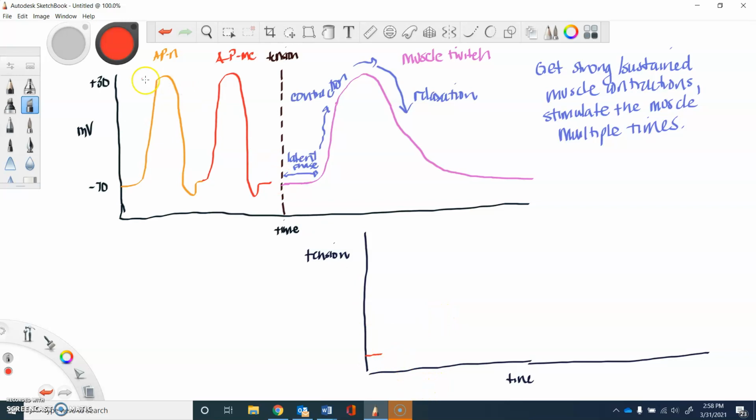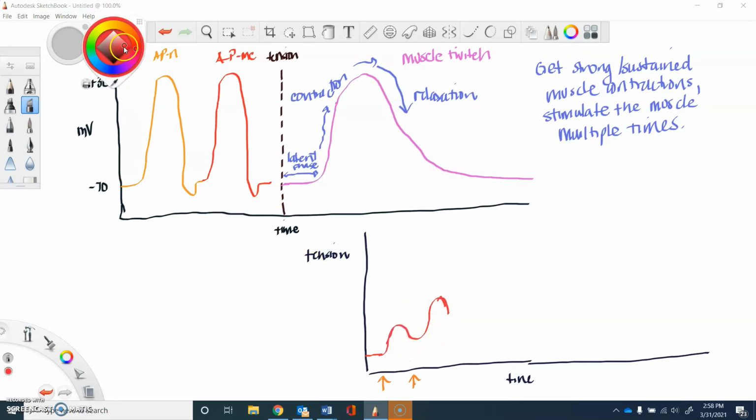And then we stimulate it with an action potential, and that muscle starts to contract. It'll contract, it'll start to relax, and instead of letting it completely relax, we can stimulate it again before it relaxes. And when it does that, it's going to contract again, and the next contraction is going to be stronger.